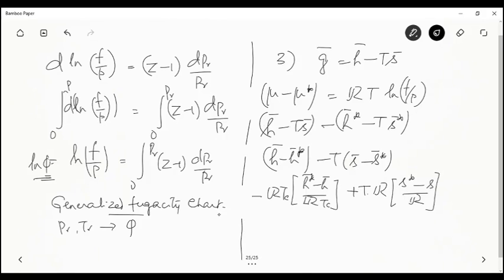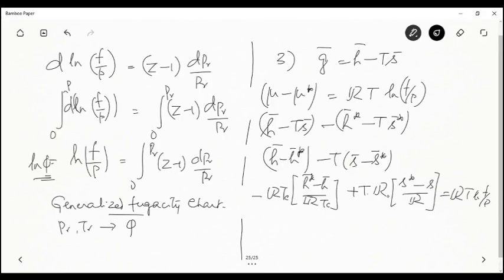So this is what you get. So you get an RTc times this, and this RT times this is equal to RT log f by P.